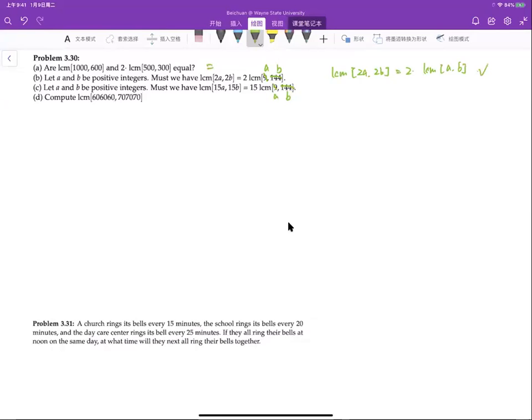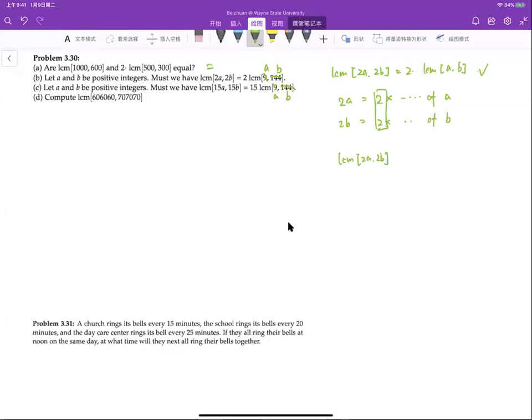So in this case, you can still consider the prime factorization of the 2 numbers, right? So like 2A is equal to 2 times the prime factorization of A, right? And 2B equals 2 times the prime factorization of B. So in this case, you can see that in the prime factorization of the LCM, there must be an additional 2, right?